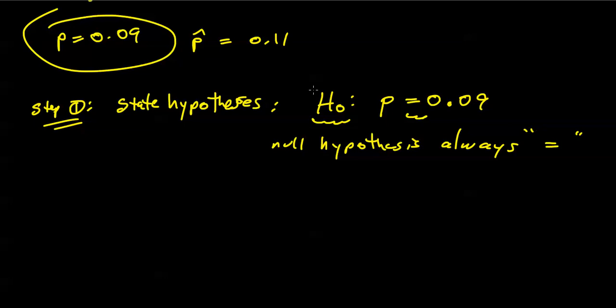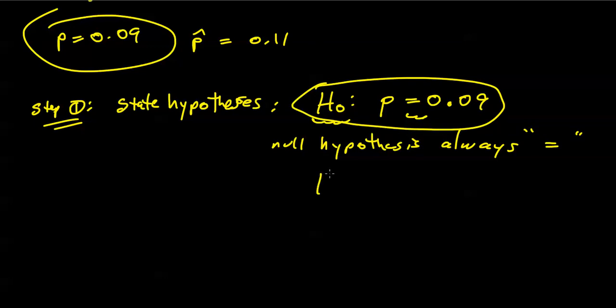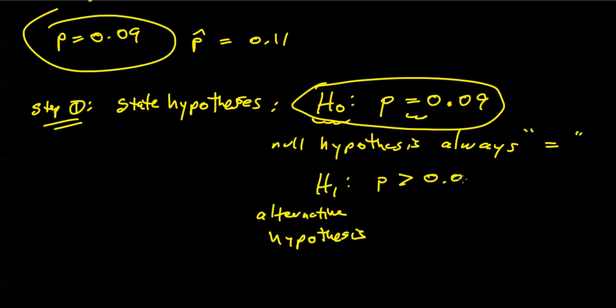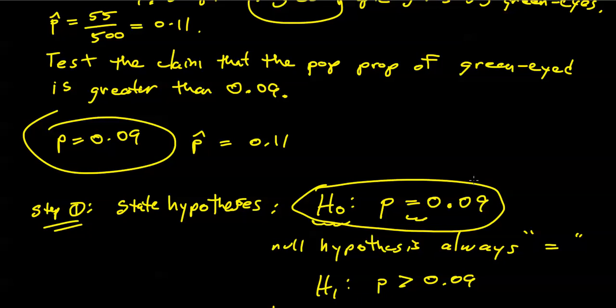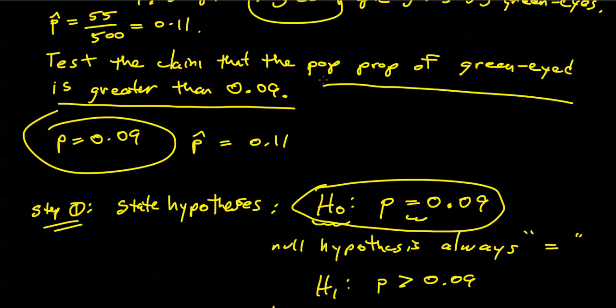Alright, so we're going to test this claim with the alternative claim. H1 is always the alternative hypothesis, and that claim here is that little p is greater than 0.09, as you could see in the above screen. Can I go back? Yes, test the claim that the population proportion of green-eyed is greater than 0.09.